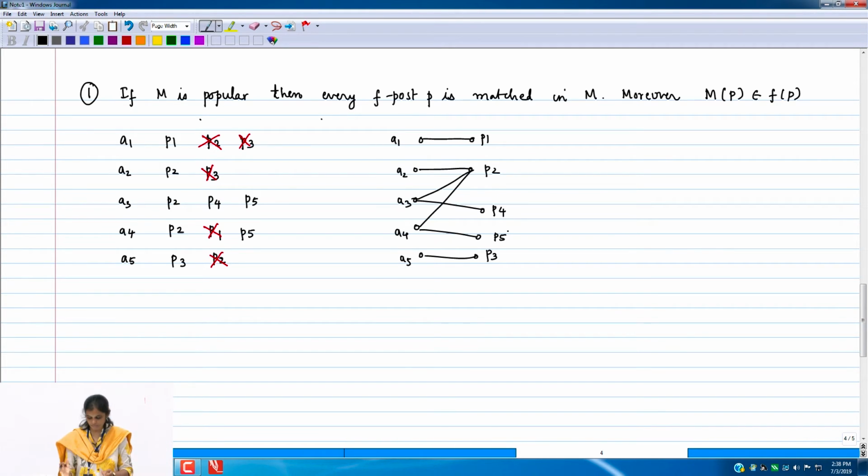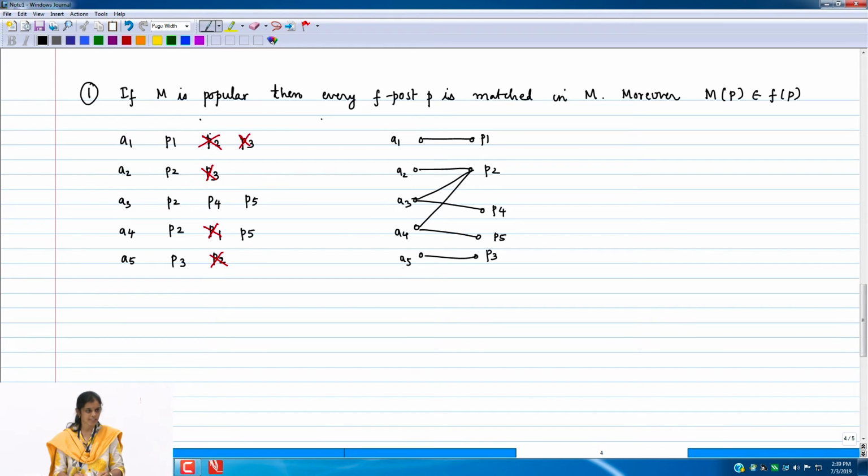Then, based on whatever F posts are appearing in the preference list of some applicants as non-F posts, like P2 was appearing in A1's preference list as a non-F post, I deleted that edge or discarded that preference. And now amongst the remaining posts, I am asking what is the most preferred post that you have, right?